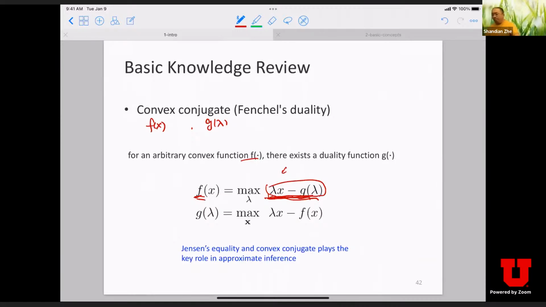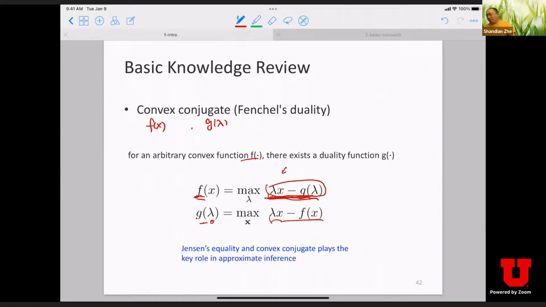Symmetrically, if you look at the conjugate itself, how can the conjugate be represented in terms of f of x? The conjugate function's value at any lambda can also be obtained by solving another maximization problem.